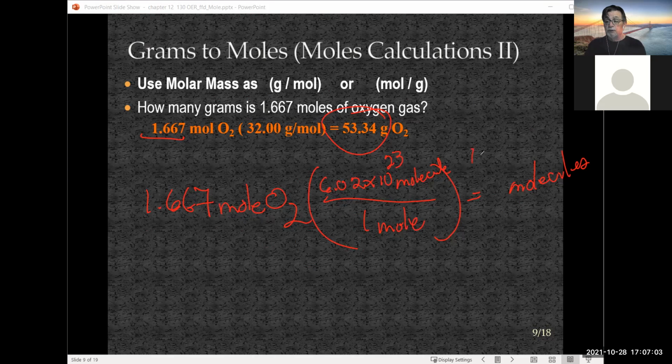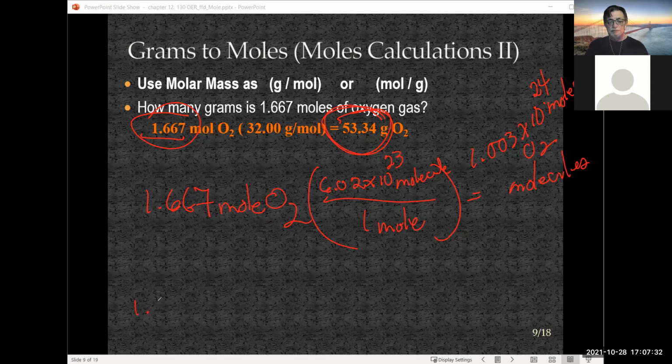And so that would be 1.003 times 10 to the 24 molecules of oxygen, which weighs 53.34 grams, which consists of 1.667 moles of oxygen. Okay.